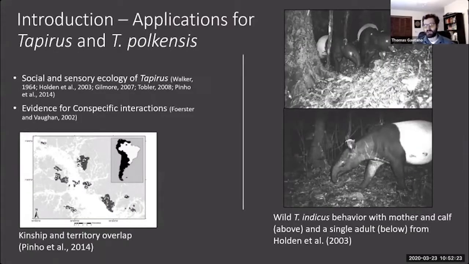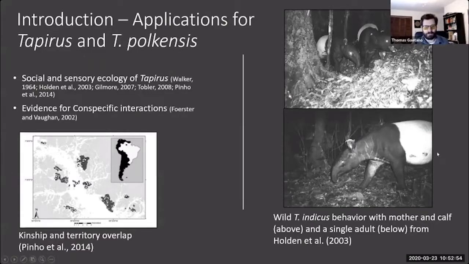Social and sensory ecology for Tapirus is basically solitary, largely nocturnal, maybe sometimes crepuscular, and very little evidence for conspecific cooperation. Relationships don't really extend in the greater lifespan of the animal.